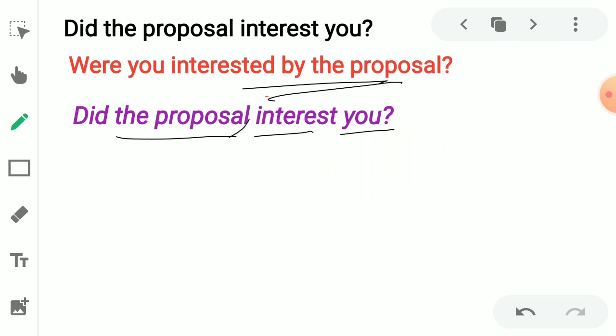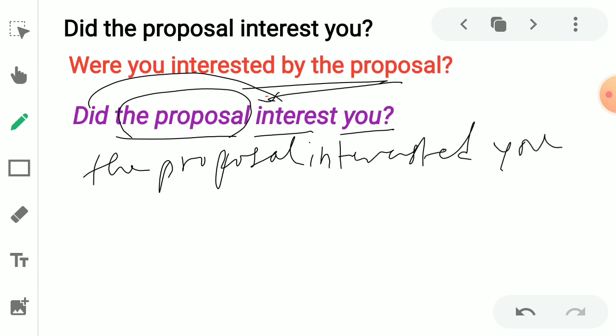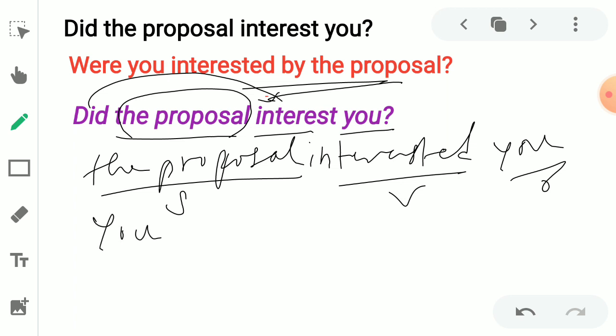You take proposal, interest. Did plus interest becomes interested, you. The proposal interested you. The proposal is subject, interested is verb, you is object. Then you write you, because the object is you.